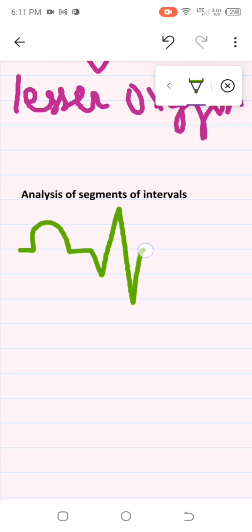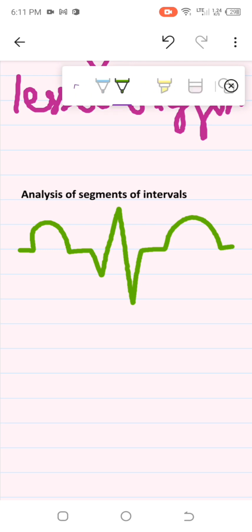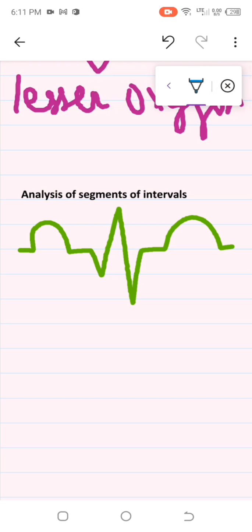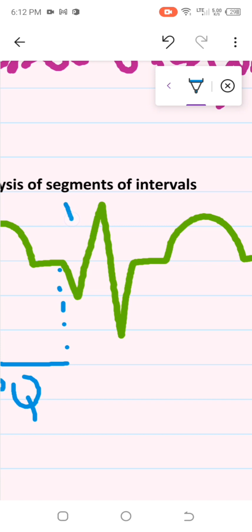Suppose this is one wave that I have drawn. From here to here we have only the P to R complex. And this is R, this is S, this is T.